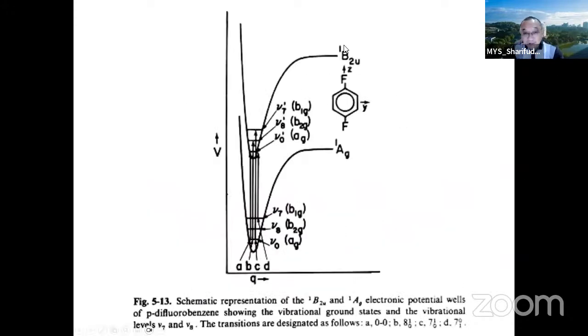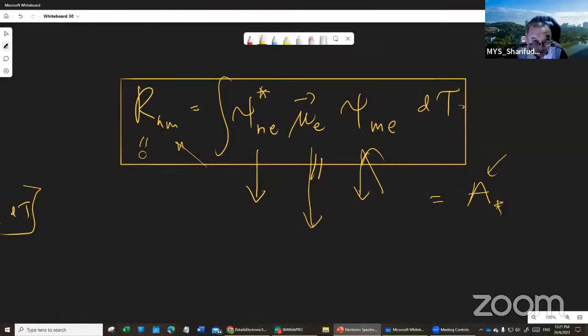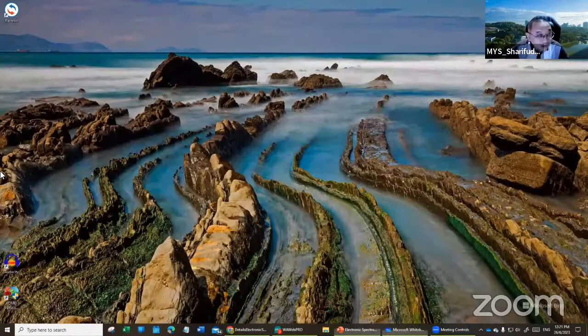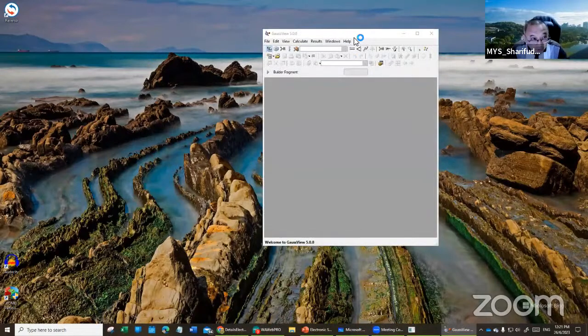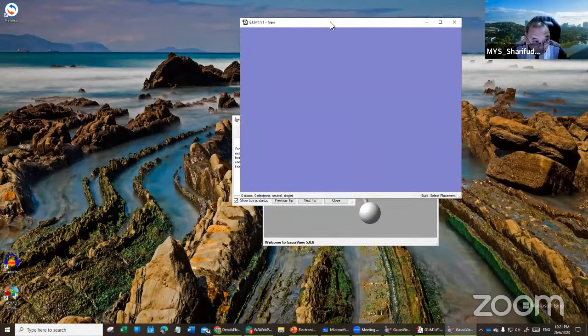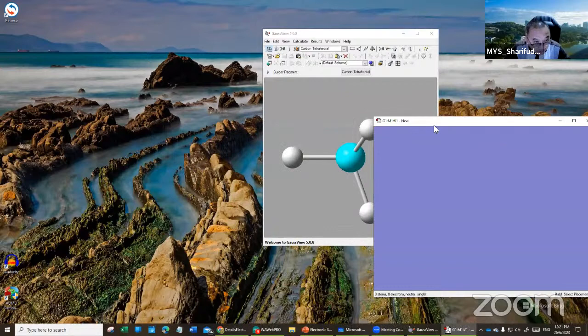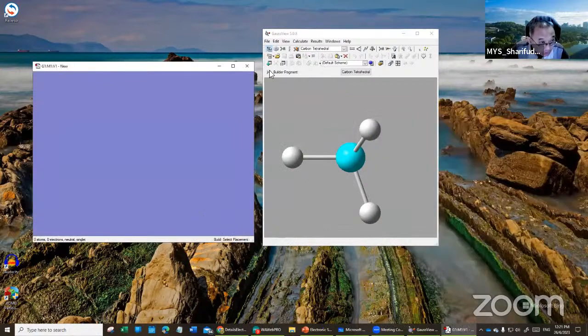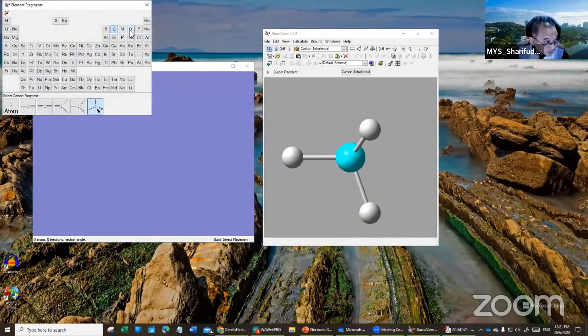Okay, I'll just show you something else before we stop. Just discard this. Now I'm going to do some calculations in front of you. Here we're using Gaussian. We want to calculate the water molecule, so we'll use oxygen.